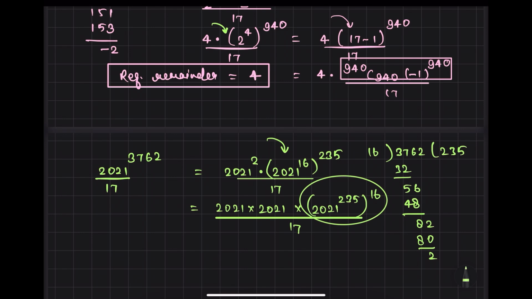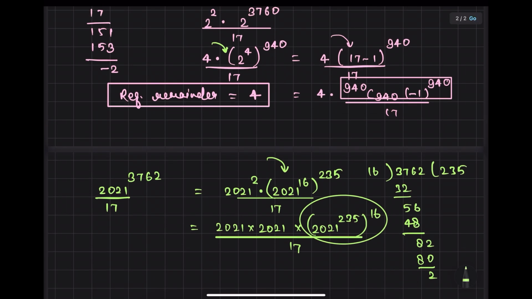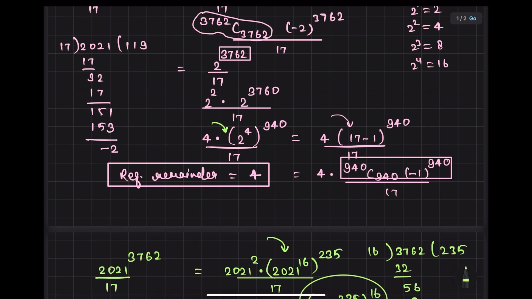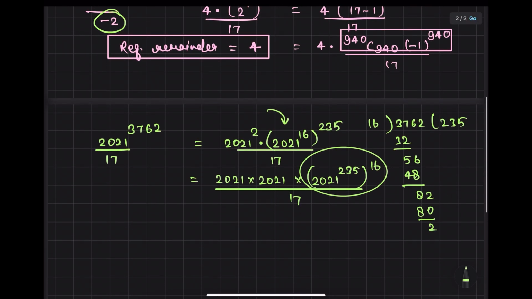Now you have to divide 2021 by 17, and you will get remainder as minus 2. From here we get remainder minus 2, from here minus 2, and from here 1. So minus 2 into minus 2 into 1 will be 4.